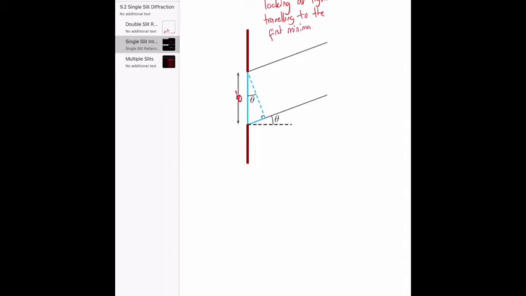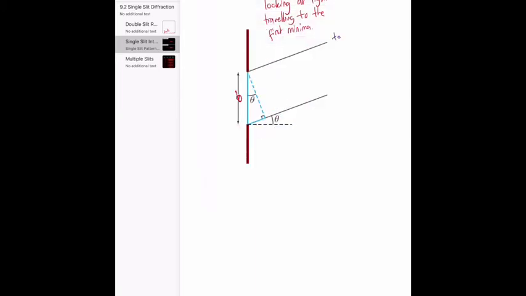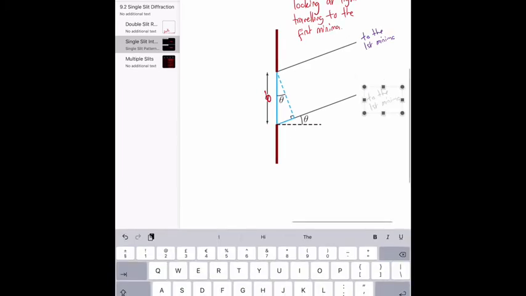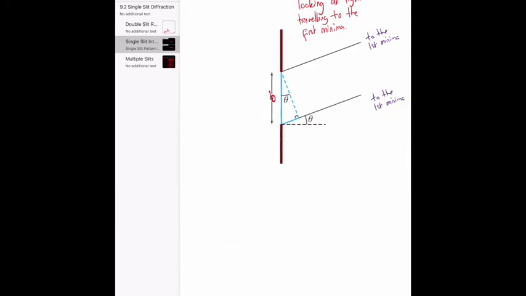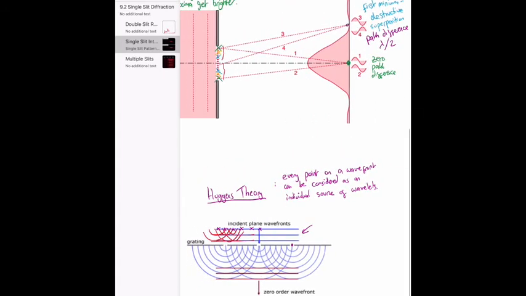Okay, so what we've got here is both of these rays are pointing towards the first minima. If we follow those along, they would both end up pointing at this point here. Well, take a little look at this picture.